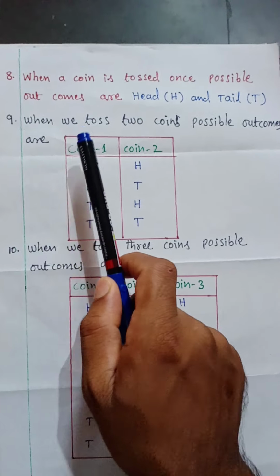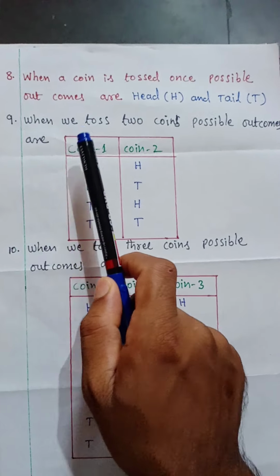Next, 10th one, when we toss 3 coins, possible outcomes are, see here 4 heads, 4 tails. Here 2 heads, 2 tails, 2 heads, 2 tails. Here 1 head, tail, head to tail. This is the easy way of remembering this one.